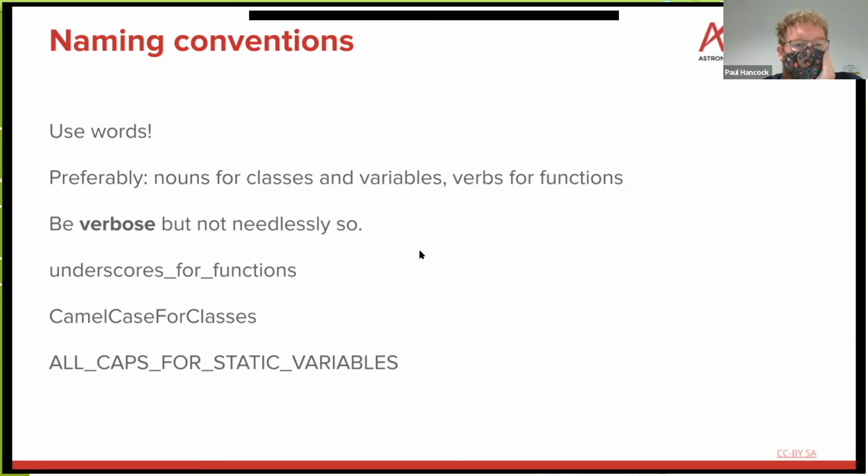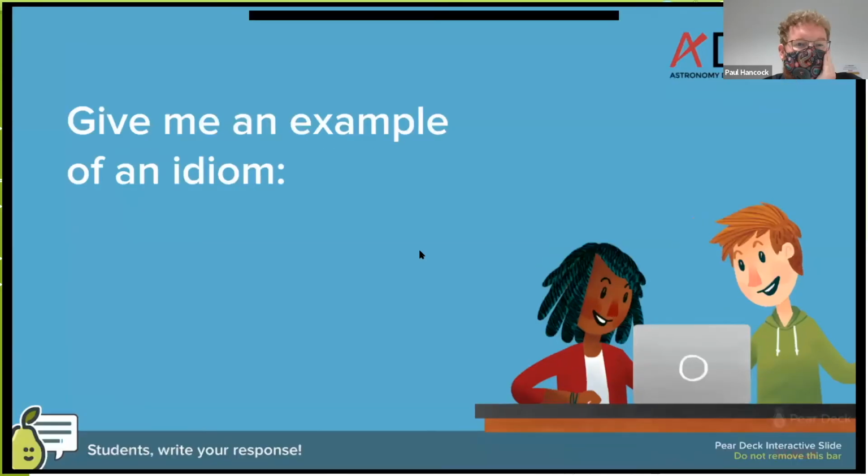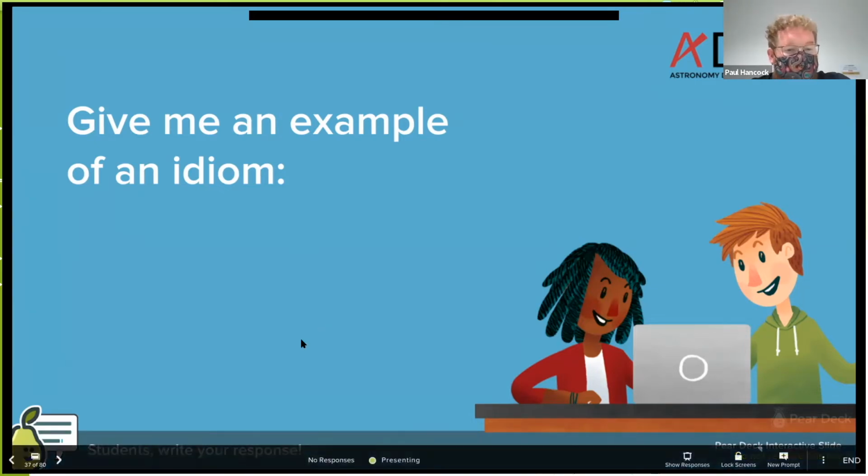All right. So the next thing is about coding idioms. And what I would like from you firstly is an example of an idiom. And I don't mean a software idiom, I mean a language idiom. This is where I find it's the most entertaining for me, because I actually quite like idioms.